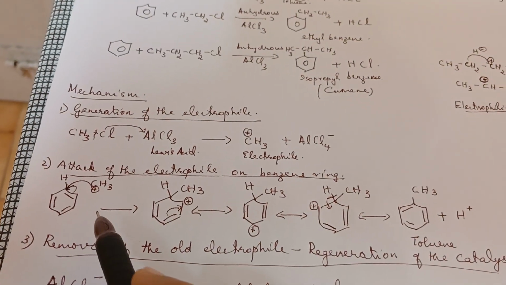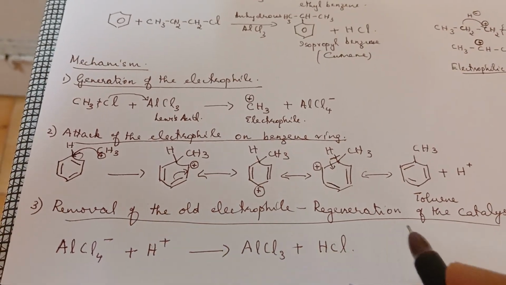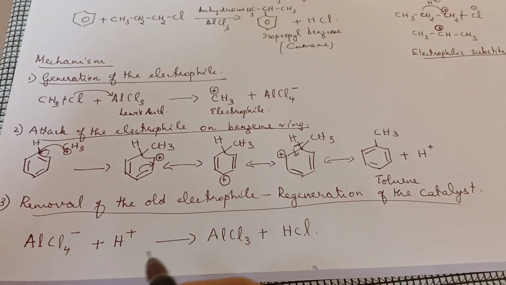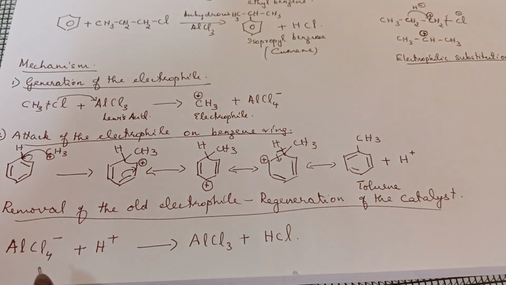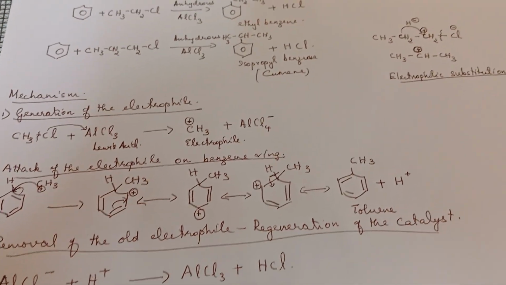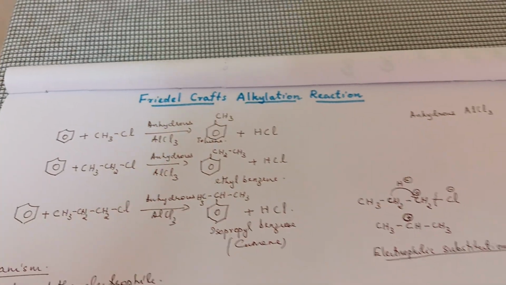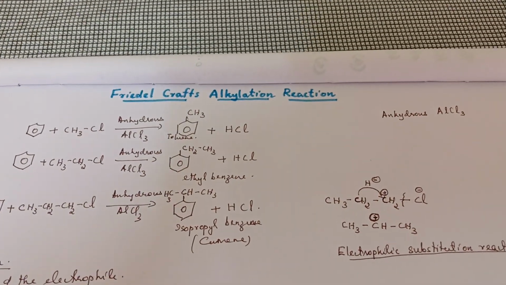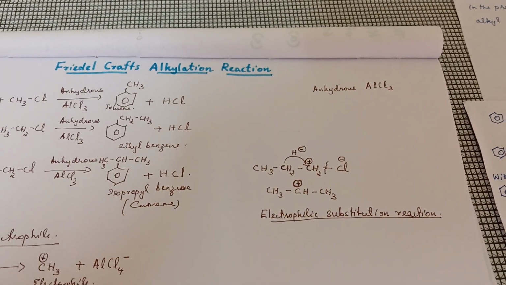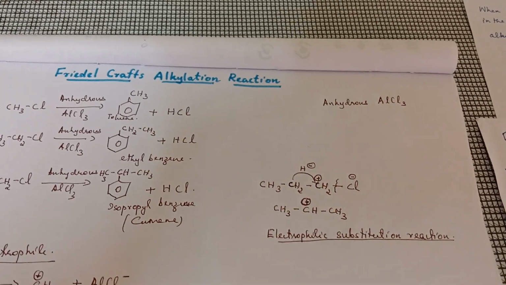That electrophile attacks the benzene ring, and then the removal of the old electrophile, that is H plus, is happening, and that H plus on reaction with AlCl4 minus is giving you your catalyst back. So this is the mechanism of Friedel Crafts alkylation reaction. So in this reaction, benzene is treated with an alkyl halide in the presence of anhydrous aluminum chloride. Then you are getting alkyl benzene.